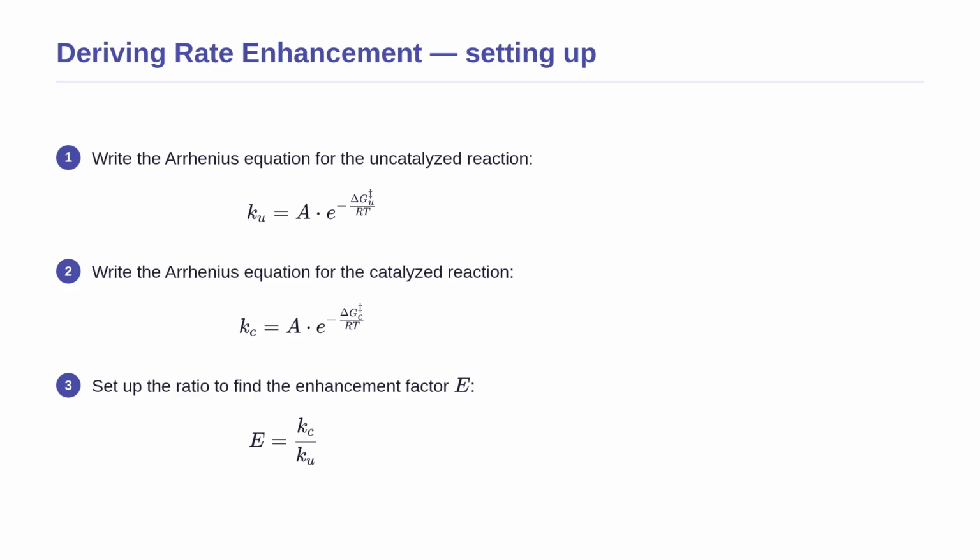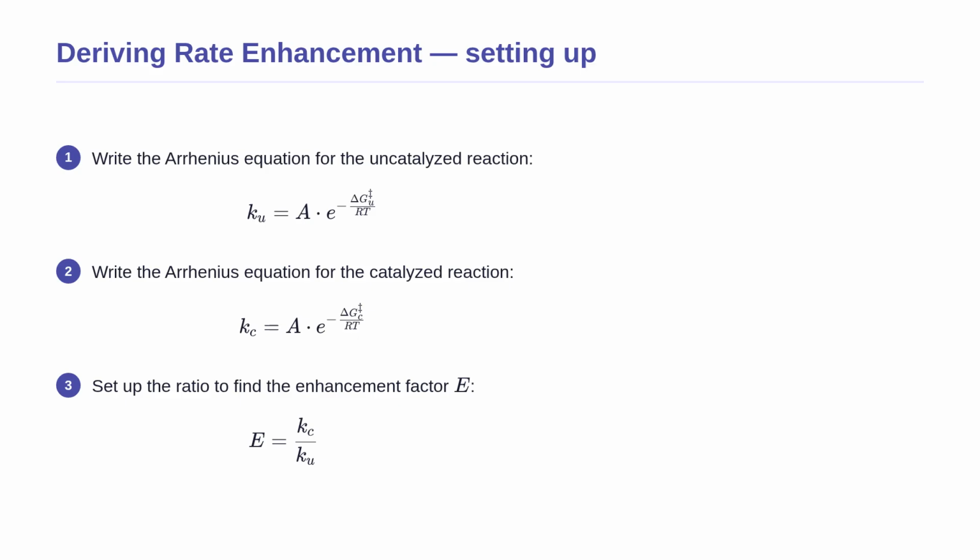Now that we have successfully used the rate enhancement formula to find a numerical answer, let us understand exactly where it comes from. We start our derivation by writing the modified Arrhenius equation twice. First, we write it for the uncatalyzed reaction, using its specific high activation energy.